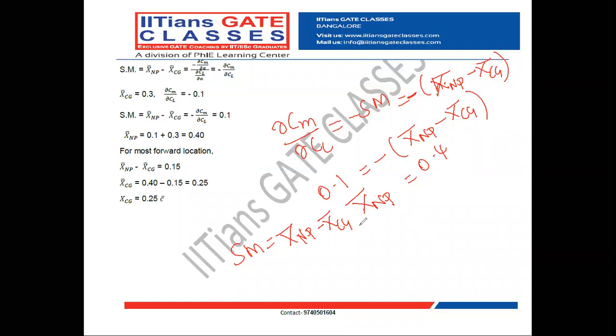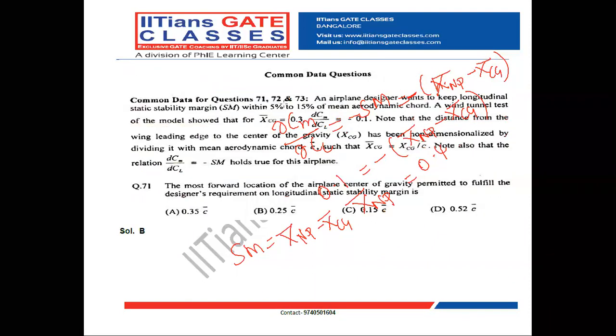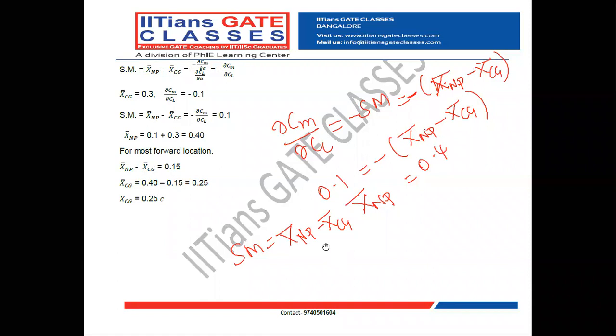There are two values which are given. One is 15%. Static margin value changes between 5% to 15% of mean aerodynamic chord. So already it is non-dimensionalized.